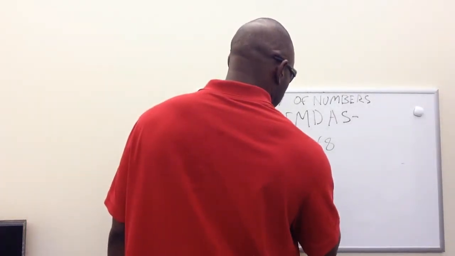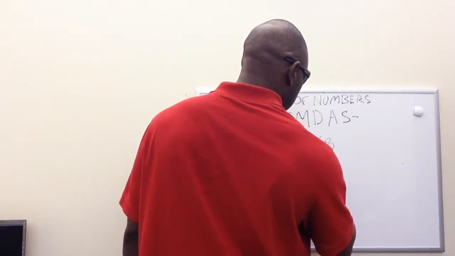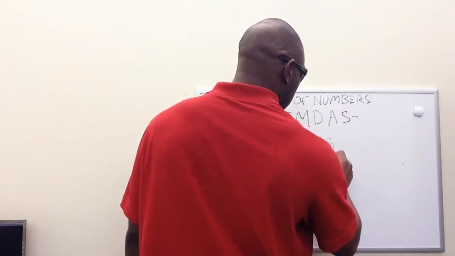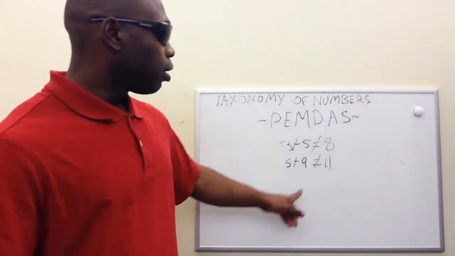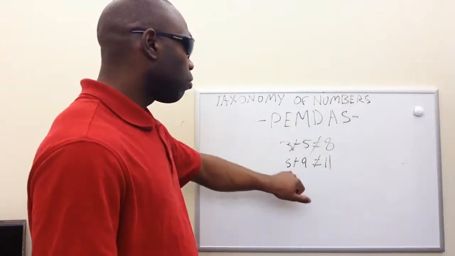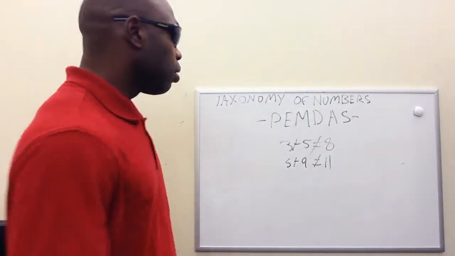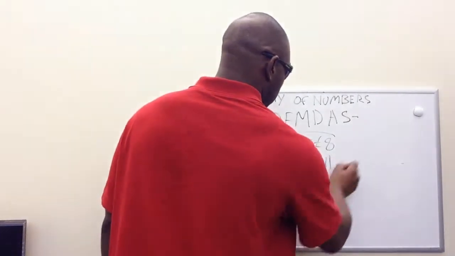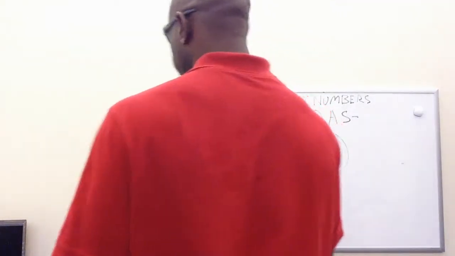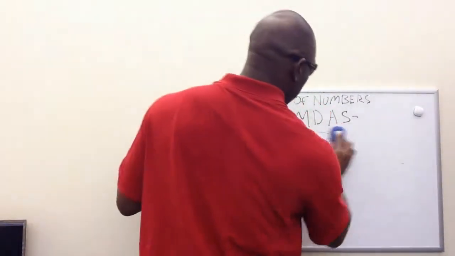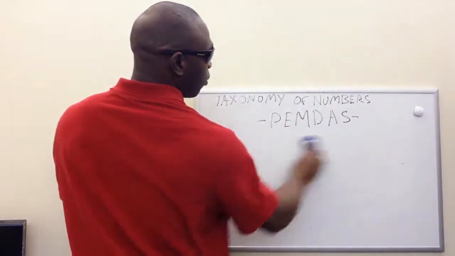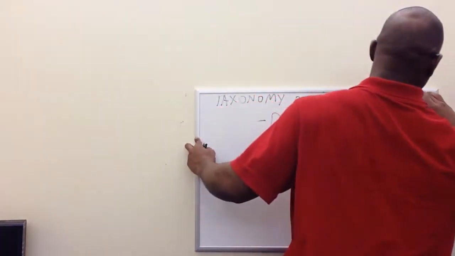If I were to say 5 plus 9 is not equal to 11, the statement is true, so the problem is true. We lose this part of math through our creativity. It is because of our creative mind that we are not able to deal with the logic.